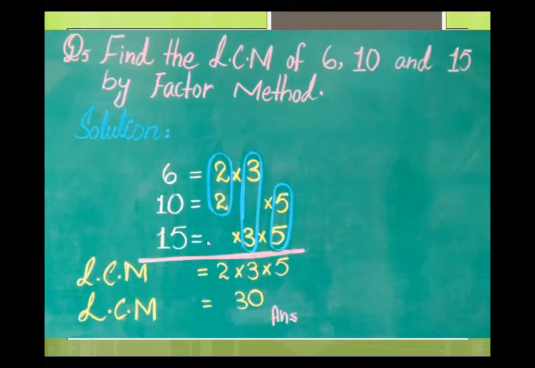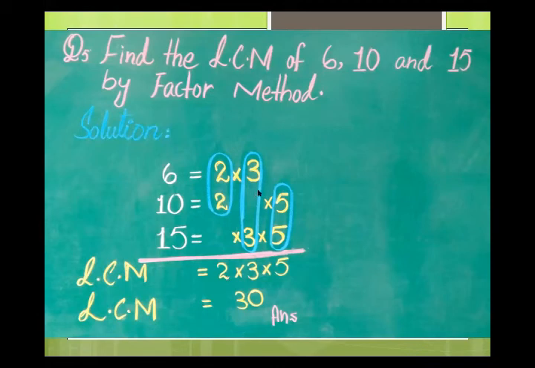Here you see that every number has a pair. Here you see that 2 is a factor of 6, and 2 is also a factor of 10. So here you just pick it as a pair, and for the pair you just list out only one.